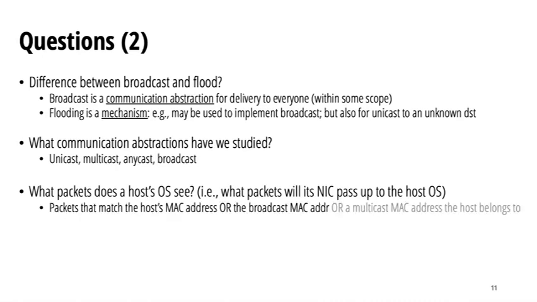Okay. So your network interface card, or L2, listening to a shared Ethernet medium or listening to its cable, looking at all the packets that come in, is going to pick up a packet if the destination MAC address matches the host MAC address, or if the destination MAC address was a broadcast MAC address. Also, if it's a multicast MAC address for a group that the host belongs to, but we're not going into multicast, so don't worry about that.